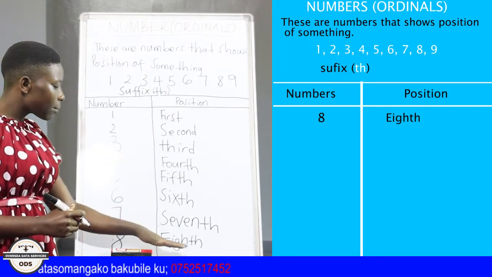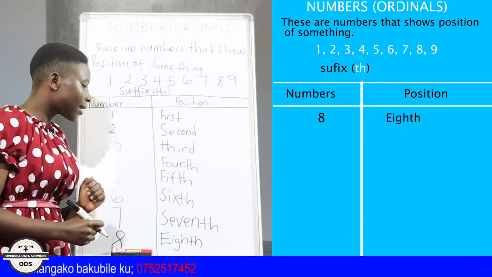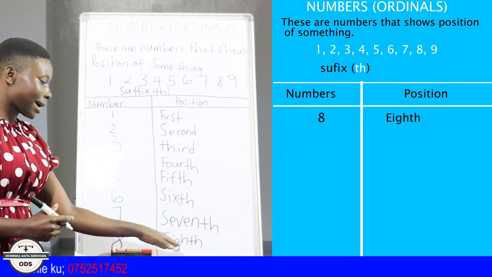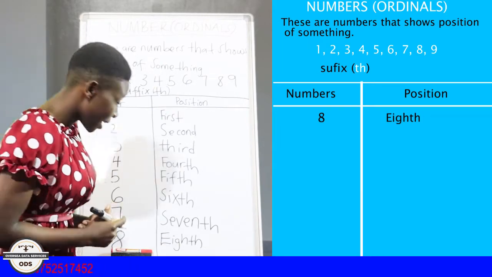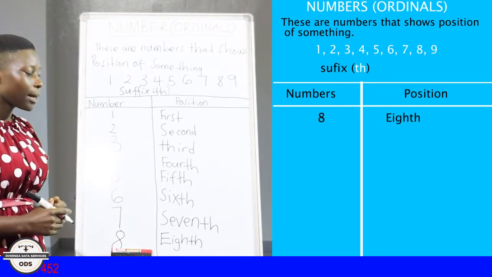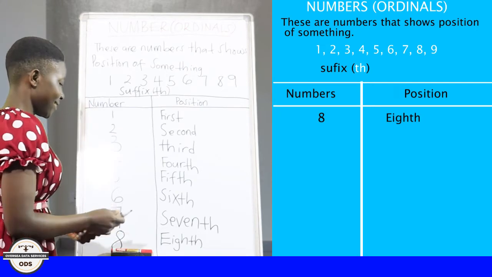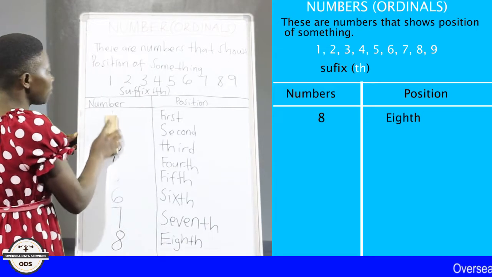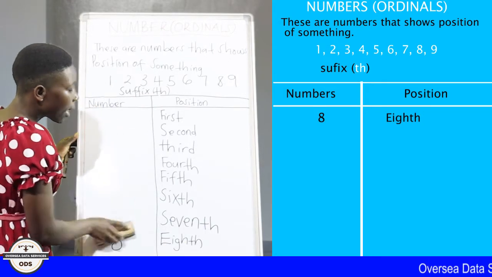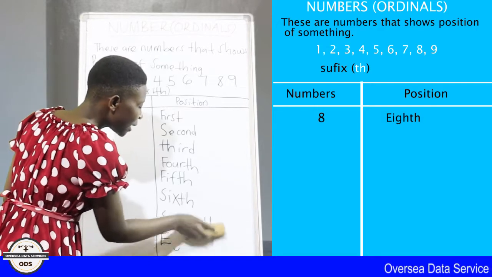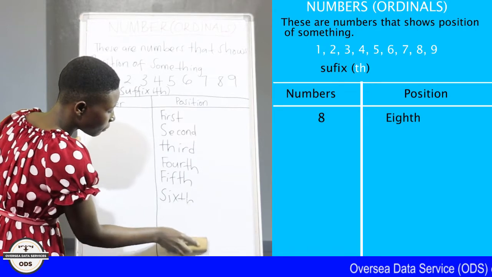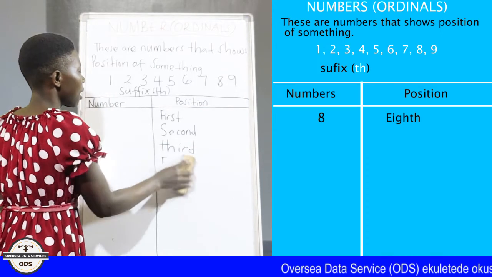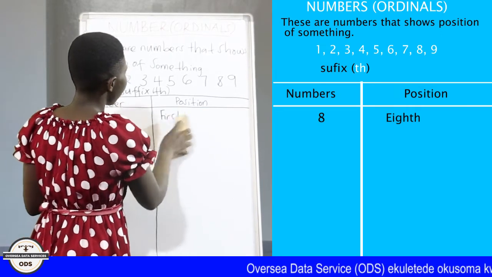But when we are positioning number 8, when we have added the suffix th, it has changed the pronunciation. Now we pronounce it as 8th, like that. Number 8, we say 8th. We add the two letters th, and the pronunciation changes and becomes 8th.